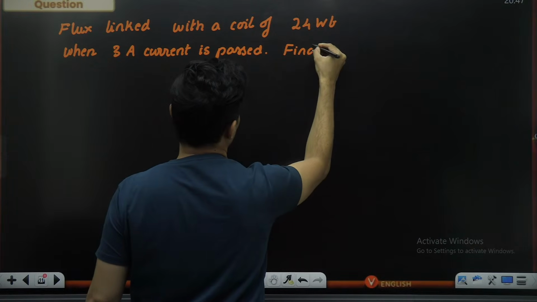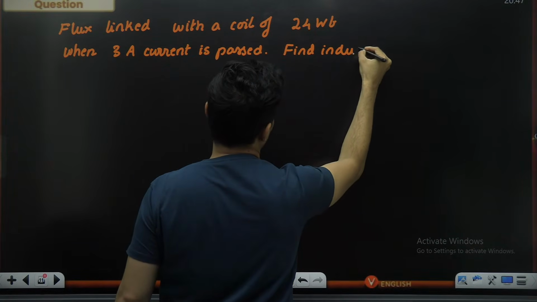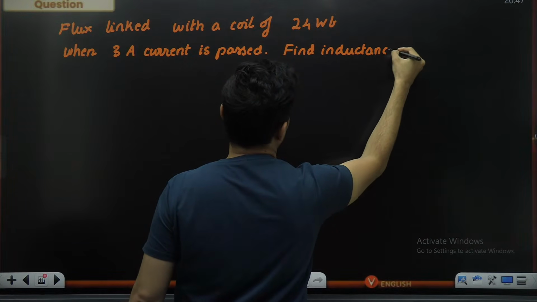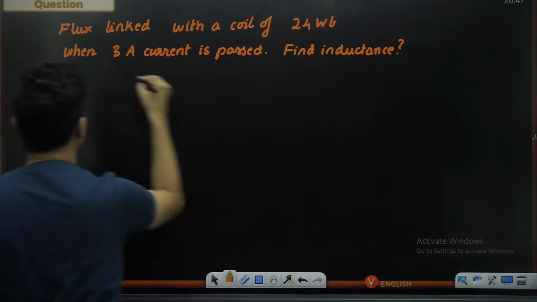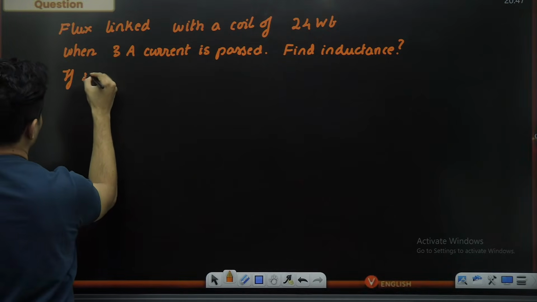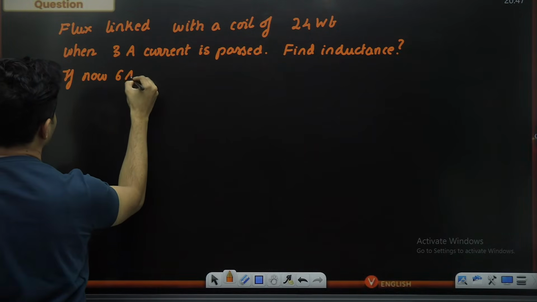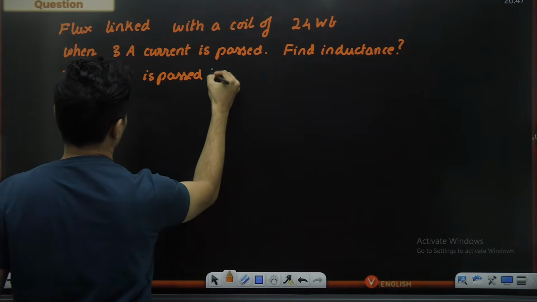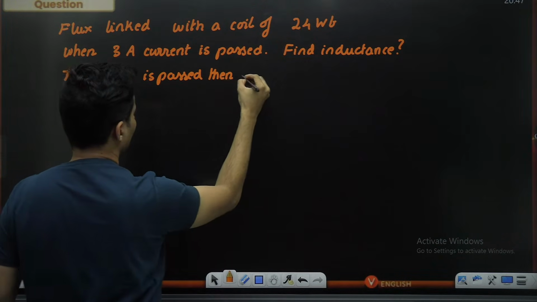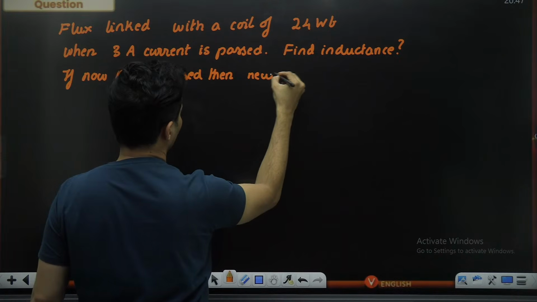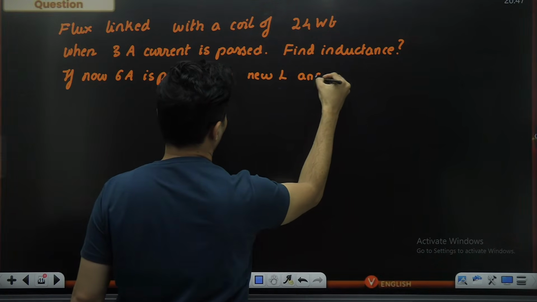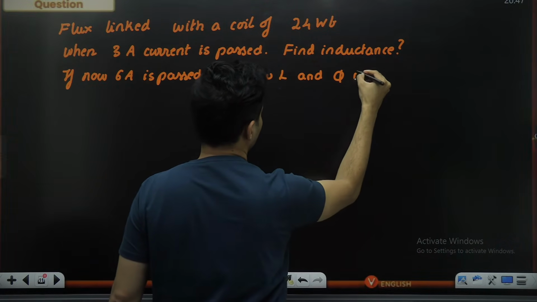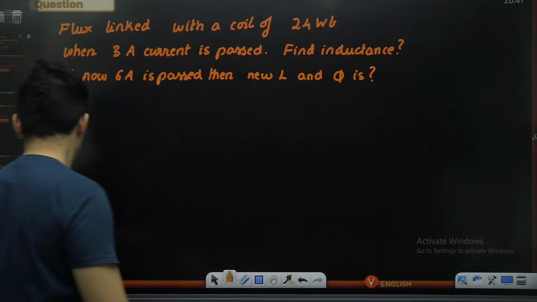Find the inductance. Now if 6 amperes is passed, then find the new inductance and the flux. So this is your first question.